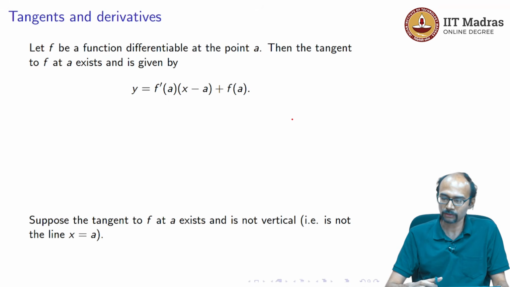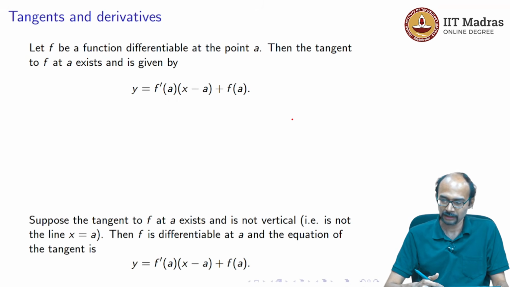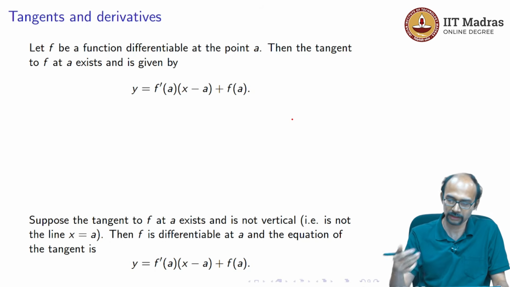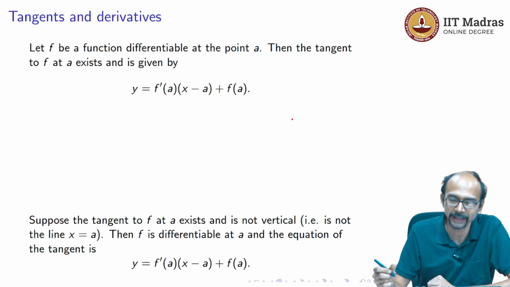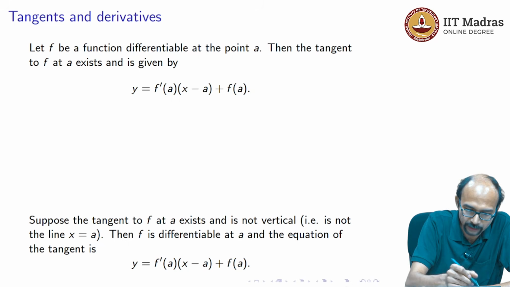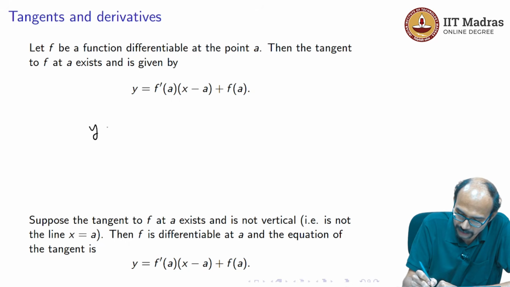And on the other side, if the tangent to f at a exists and it is not vertical, so that is it is not the line x is equal to a, then f is differentiable at a, and the equation of the tangent is the same as above. Once it's differentiable at a, it's forced that it's this. How did we get this? Well, let's write down the expression that we had in the previous slide.